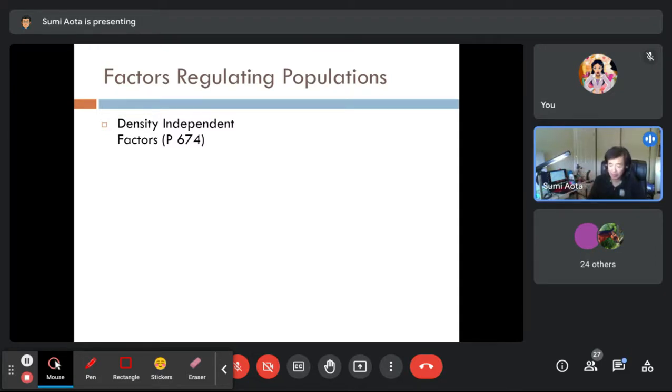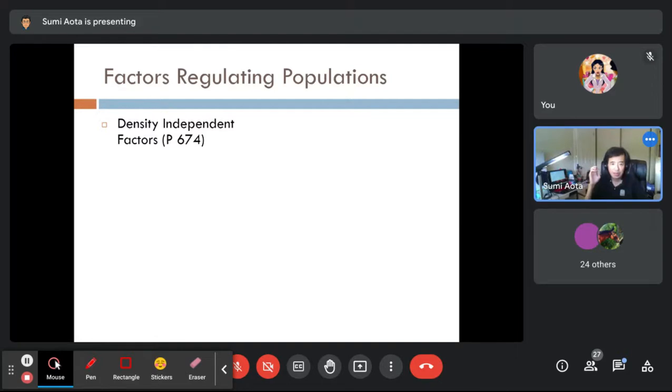Density independent factors are factors where the intensity of the effect does not change depending on population size. So for example, think of a hurricane. If a category 5 hurricane is coming on your location, right?